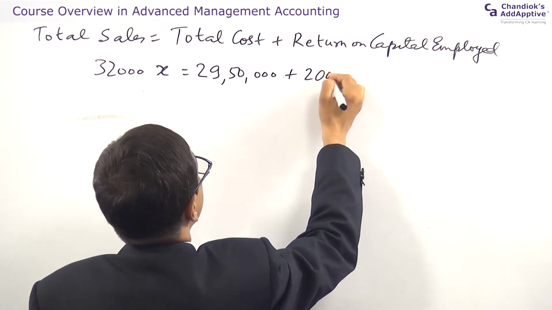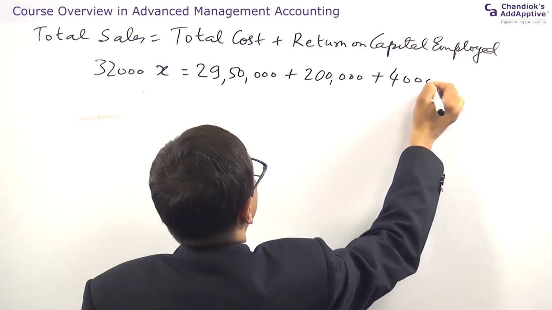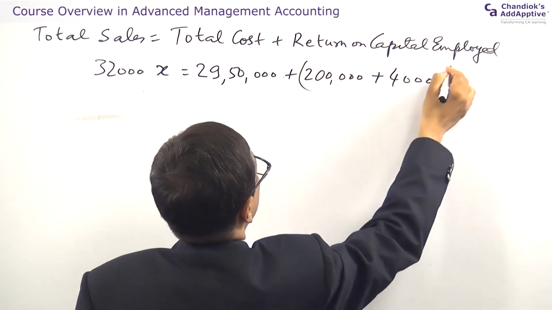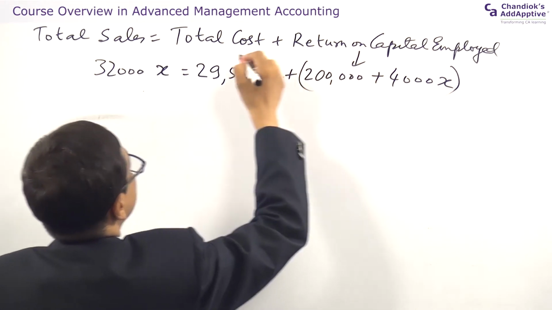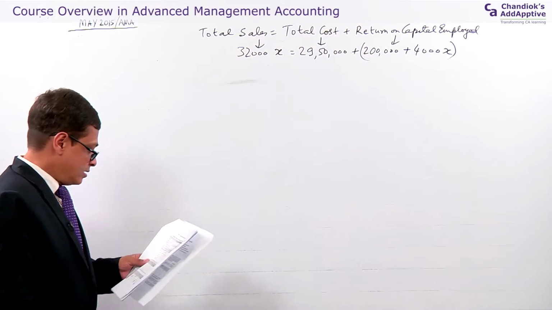It is 2 lakh plus 4,000x. So this is return on capital, this is total cost, this is total sales, right?